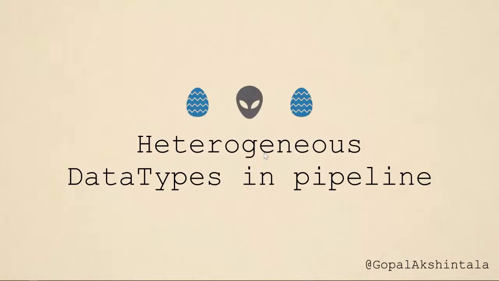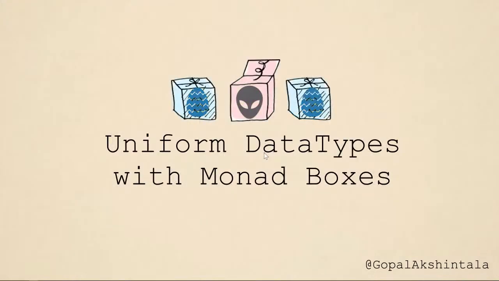If it's a list of integers, it can only hold integers, or if it's a list of strings, it can only hold strings. But how can I have a list which has two different data types inside it? The simple solution that we have discussed before is to put them in monad boxes. Now that we have learned Either can exist in two states, all I have to do is, if an egg is bad, I convert it to the Either left state, and then pump it up so that this invalid Either monad would be ignored by all the subsequent functions.